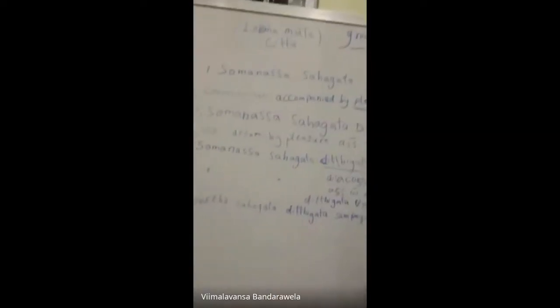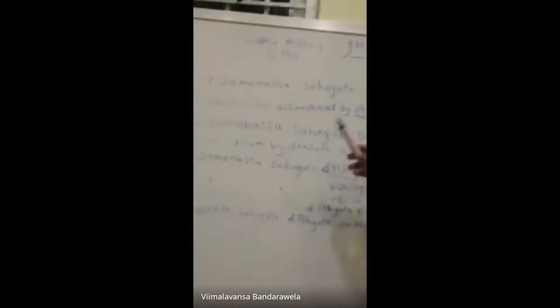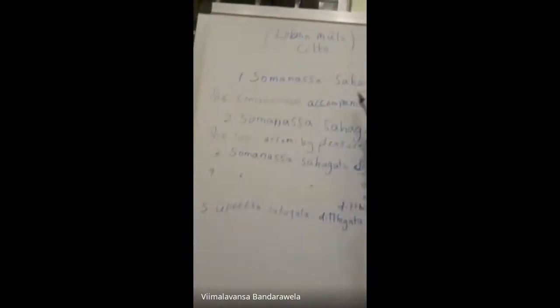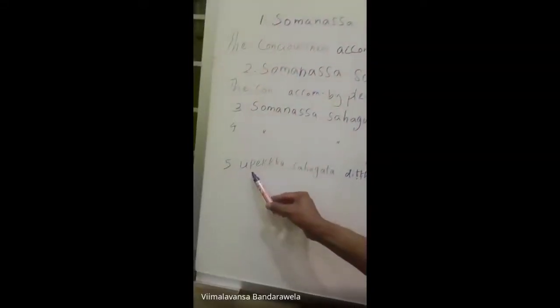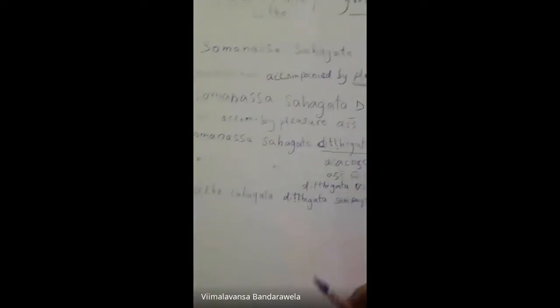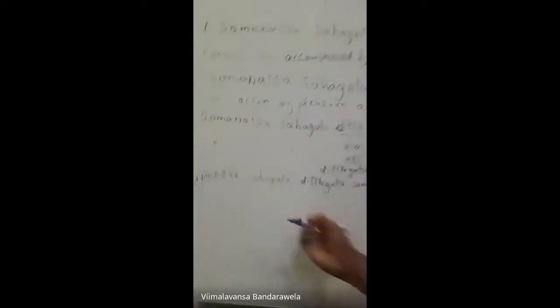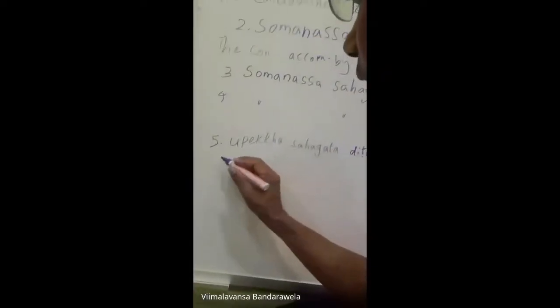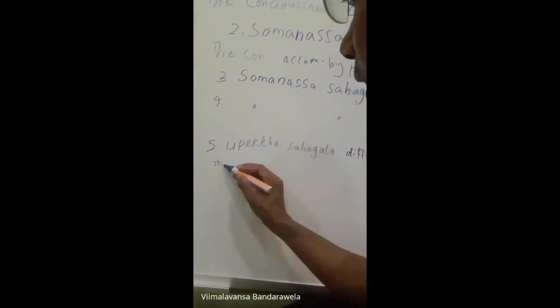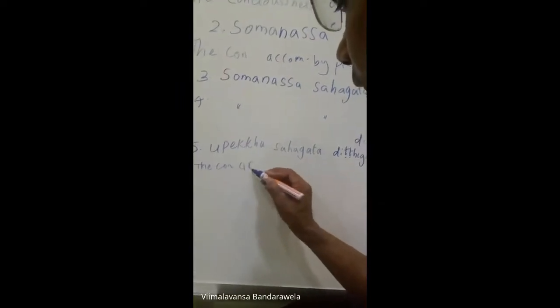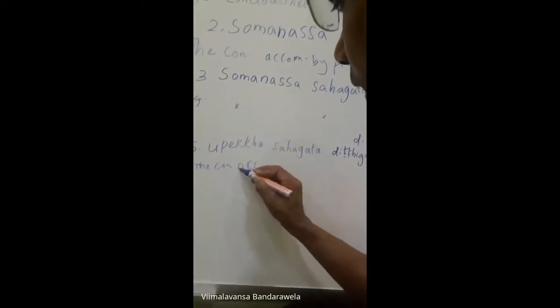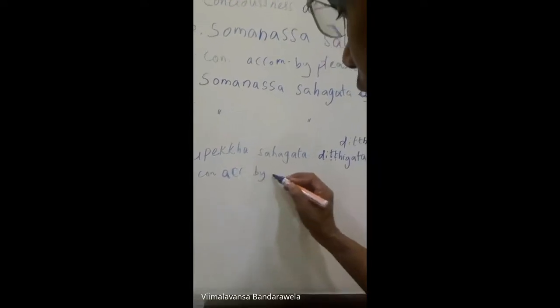How do we get to the meaning? You know, somanasa sahagata means accompanied by pleasure, right? This upekkha sahagata means accompanied by equanimity. The consciousness accompanied by equanimity.